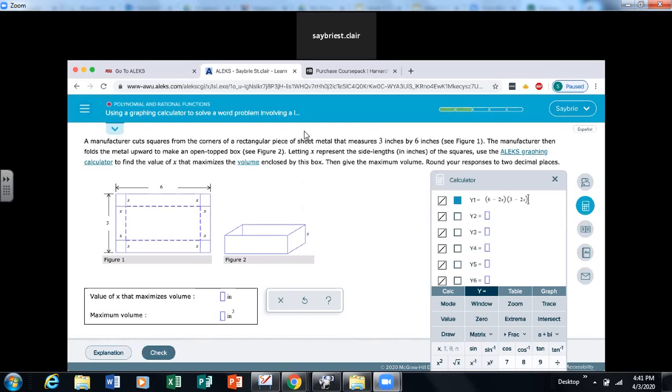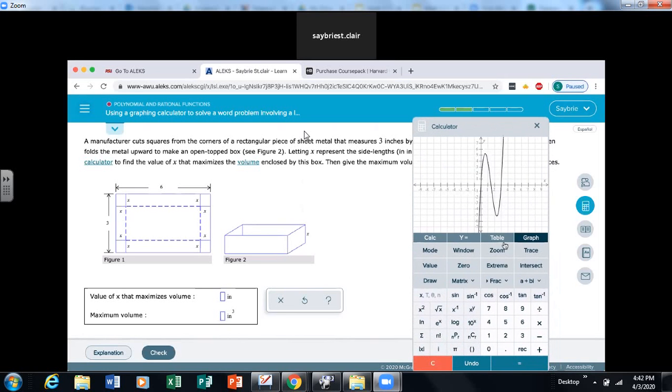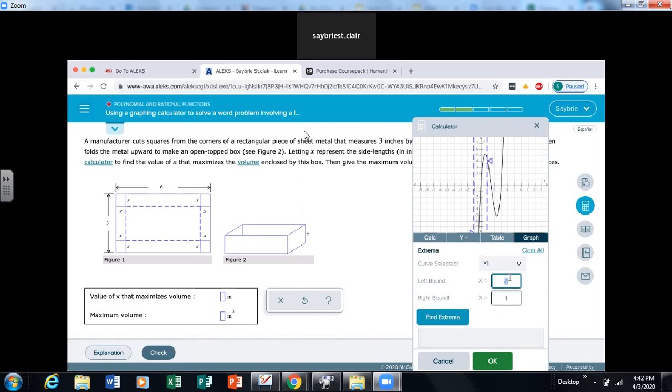And the last one is x. Graph that. Looks like between 0 and 1 again. There you go. Good job. That's what I get.